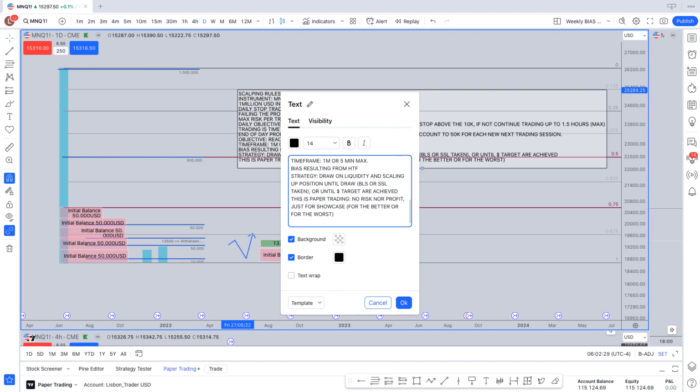Another thing, do not copy trade. Do not do this type of trading, since it's highly risky, but higher rewards.